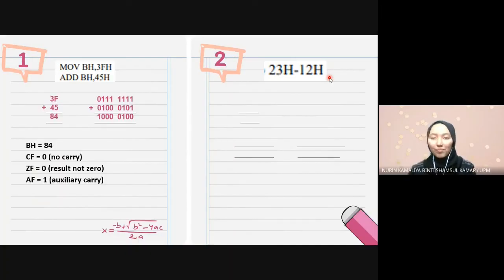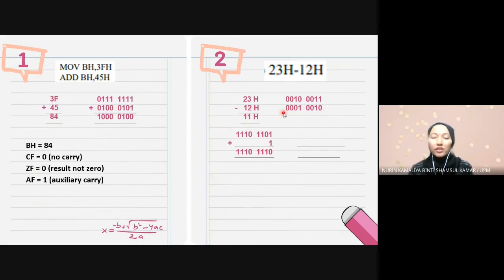Okay, time's up. For the solution to the second question, 23 minus 12, you will get 11H. So you get the answer 11H. But to determine whether this result is positive or negative, 23 is 0010 0011 and 12 is 0001 0010.